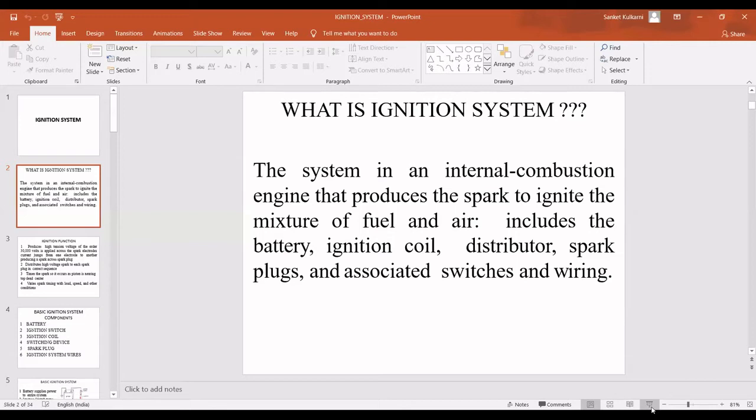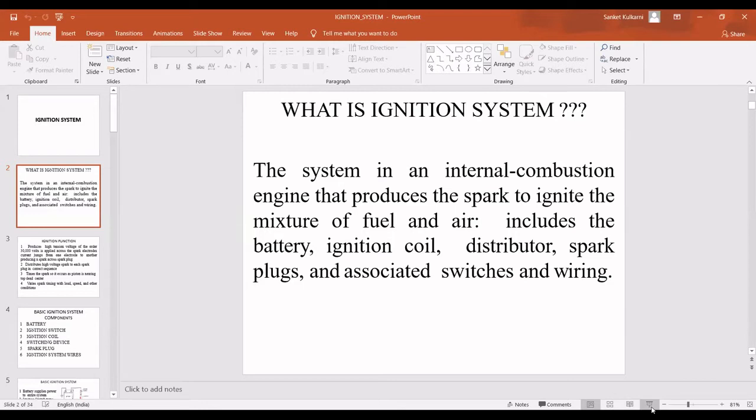The ignition system is one of the very important systems in an internal combustion engine. The objective of this ignition system is to ignite the compressed charge, air and petrol mixture, with the help of a spark produced by the spark plug at the end of the compression stroke. It plays a very important role.